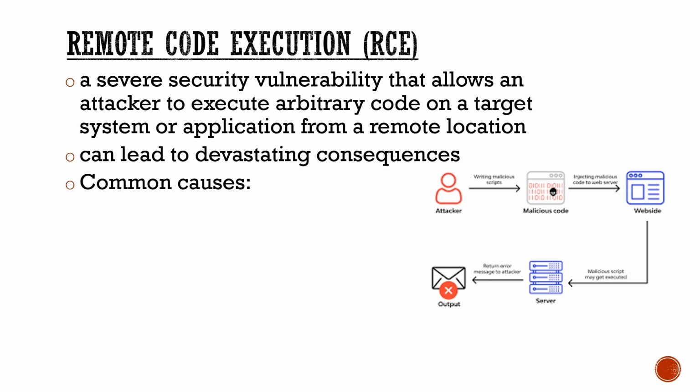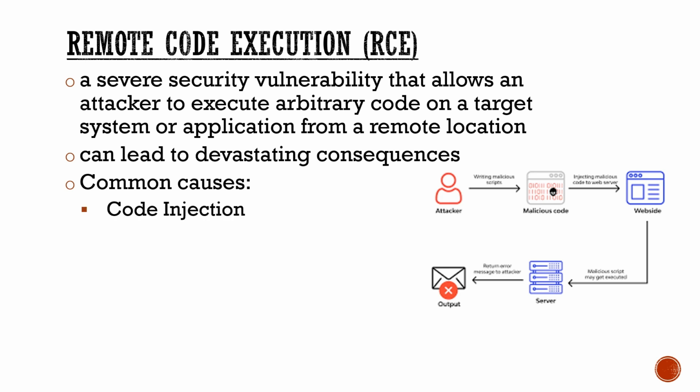So RCE could lead to devastating consequences, as the attacker can take full control of the compromised system, gain unauthorized access to sensitive data, disrupt services, and potentially spread malware to other connected systems.